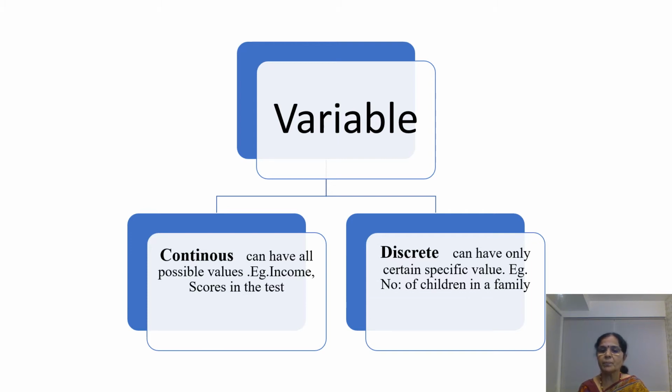In the same way, marital status can have two or three categories, married, unmarried, divorced, as the researcher wishes. So the values fall into a definite number of categories. They are categorical variables.